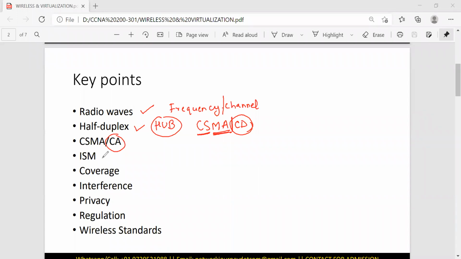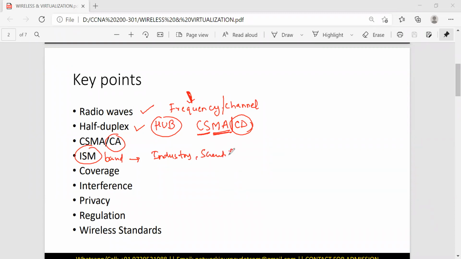Now, just now when I mentioned the frequency, in this case we make use of the ISM band. This is nothing but industrial, scientific, and medical.